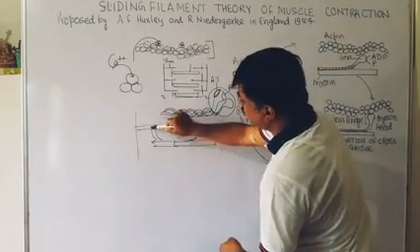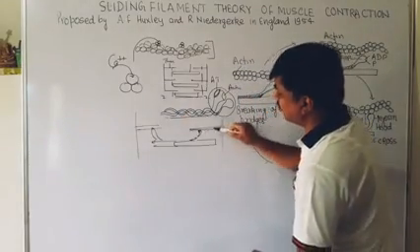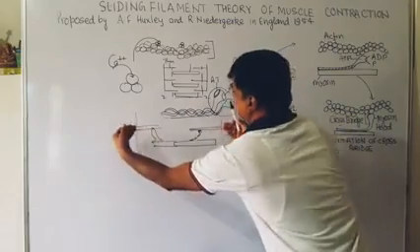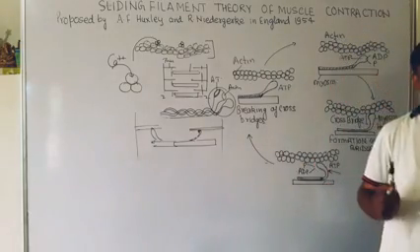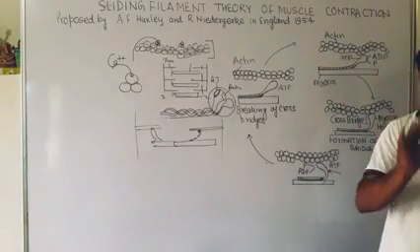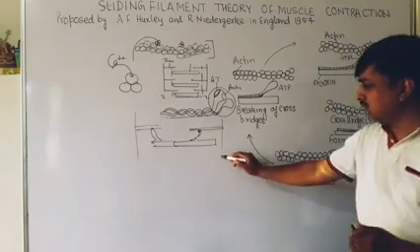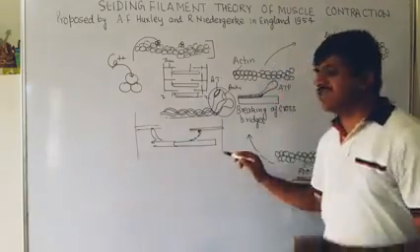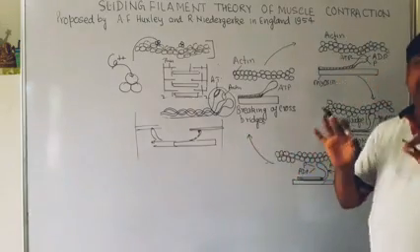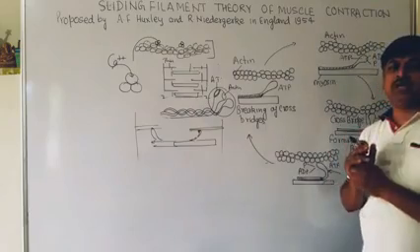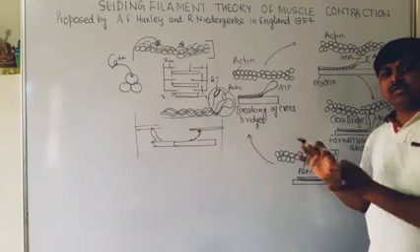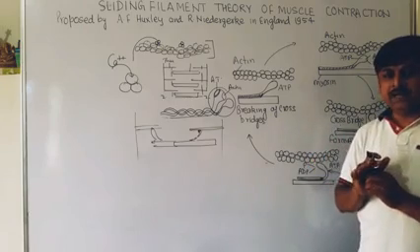Now these two, the I band or actin, will be pulled towards the center of the A band. As a result the Z lines come closer, these two Z lines come closer, clear. This results in shortening of the sarcomere or contraction of the muscle, clear.